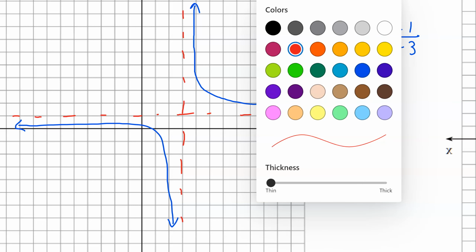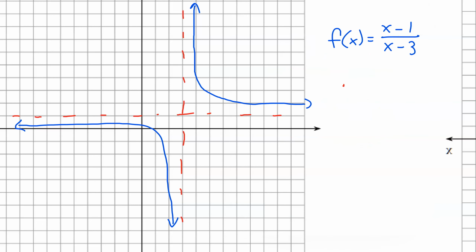So these dashed lines are what we call asymptotes. We have a vertical asymptote and we have a horizontal asymptote. And again, we get as close to these as we can, but we never actually touch it.